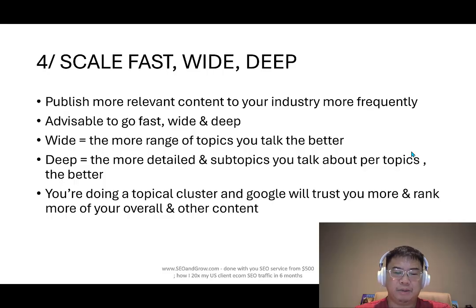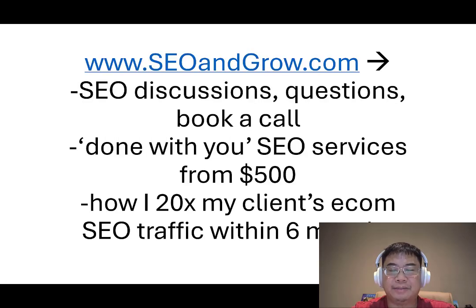Another way to say this is you're building a topical cluster, and Google will trust you more and at the same time rank more of your overall content. So there you go. I just gave you four really good tips about how to use AI tools for your content and outrank your competitors in any niche.